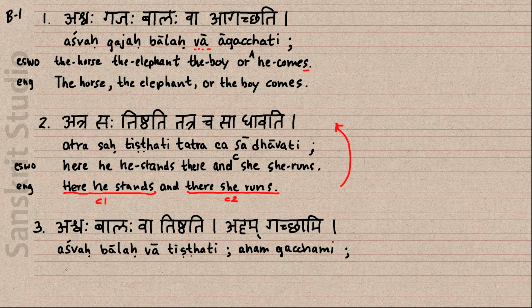So ashvaha is nominative singular, it's a horse, so the horse, and the boy, balaha, the boy, or, and then we have someone is standing.